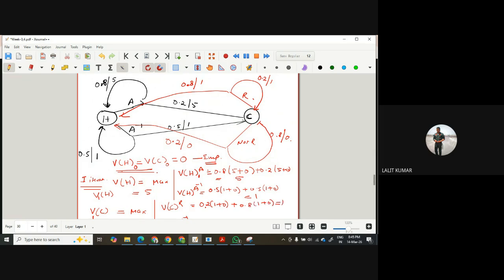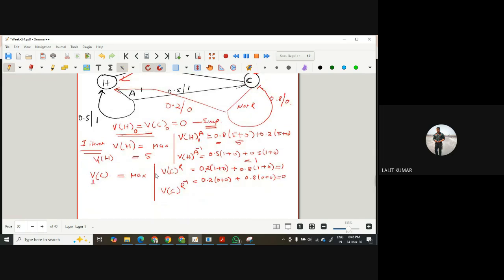So this will become 1. Not research, it will become 0.2 into 0 plus 0 plus 0.8 into 0 plus 0. So this is 0. So for the next iteration, I have V1 cold equal to 1. So now V1H is equal to 5, V1 cold is equal to 1.